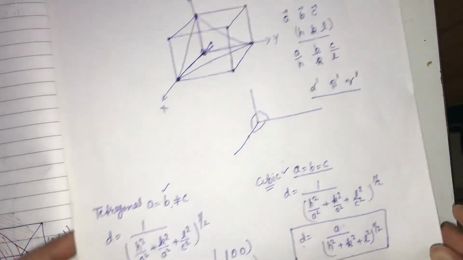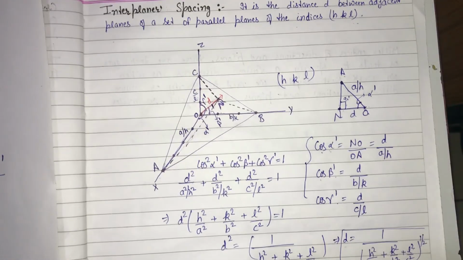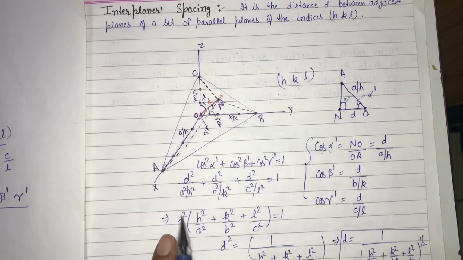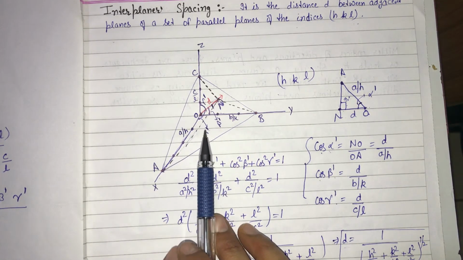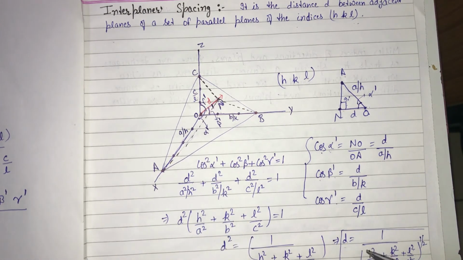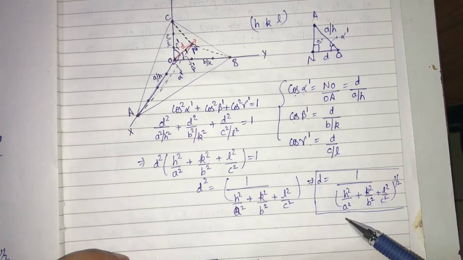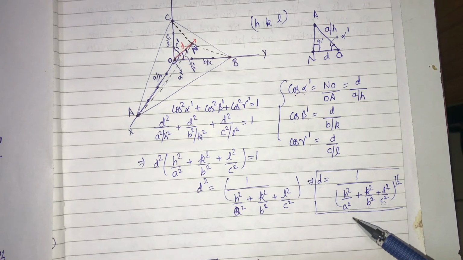One thing you mark here in this interplanar spacing: the calculation we did, where we evaluated the value of d, the interplanar spacing, for a system. This formula is applicable only for the case in which lattices are orthogonal lattices. If the lattice is not an orthogonal lattice, then this formula is not applicable to that lattice.